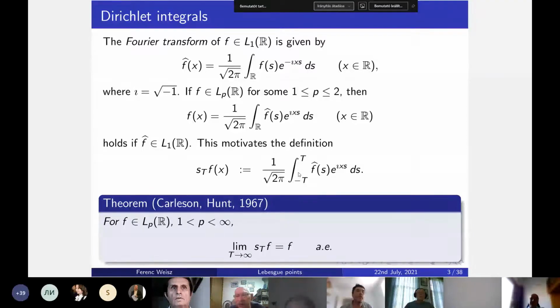One of the deepest results of harmonic analysis is Carleson's result, or the result of Carleson and Hunt. If f is in the L^p space, p greater than 1, then the Dirichlet integrals s_t f converge to f almost everywhere.